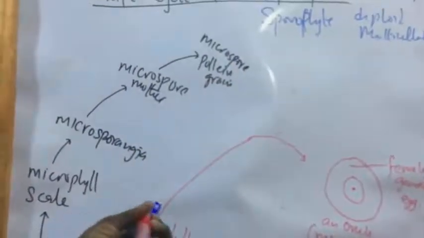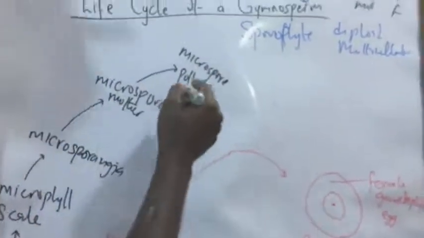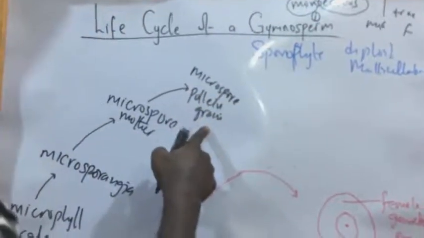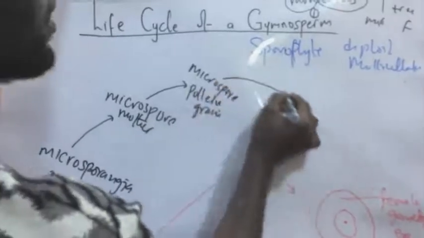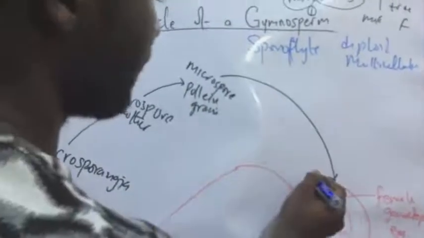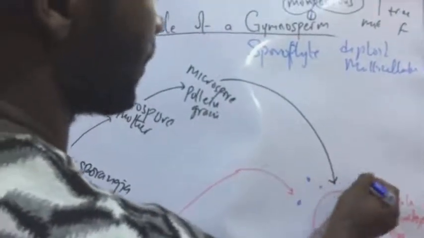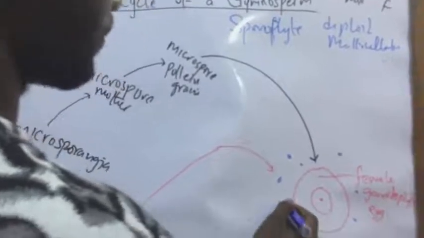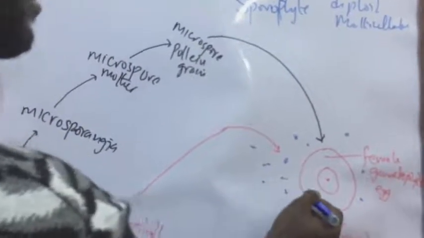What then happens is that the microspore, the pollen grain, is shed away by wind. We have the pollen grains anywhere around there.